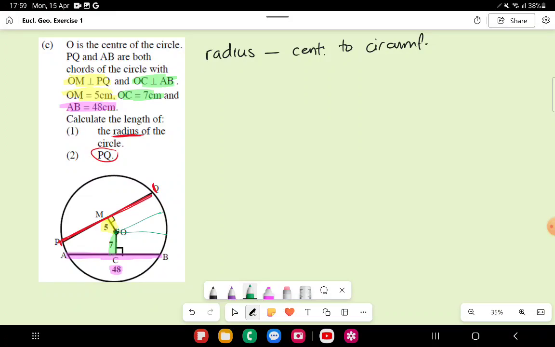Make sure that it touches the circumference. And all of these green lines are all radii. The next thing that you know about radii is that they are all equal to each other. So those are the 2 things we need to know about the radii.